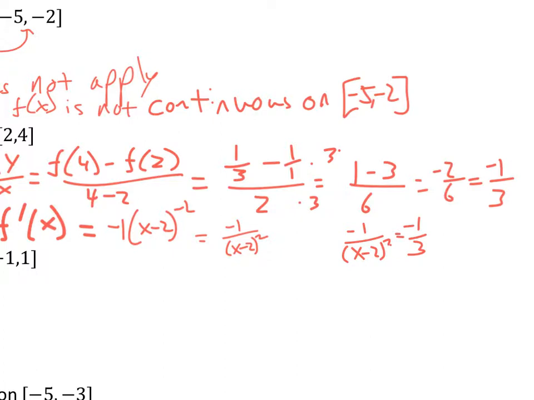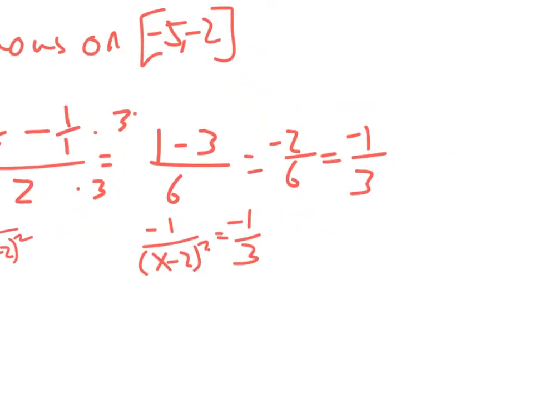And so we have -3 equals -(x minus 2) squared. All right, I'm going to multiply both sides by -1. Let's just make this positive, in other words, okay? So 3 equals (x minus 2) squared.